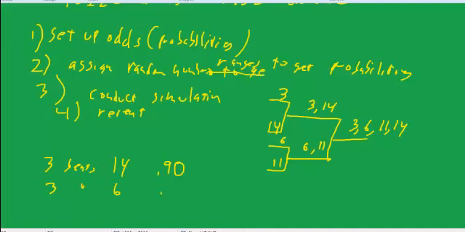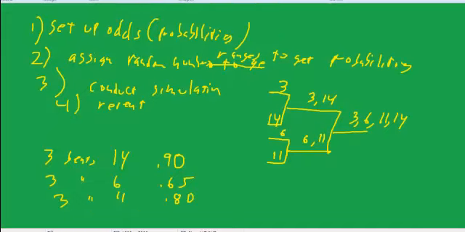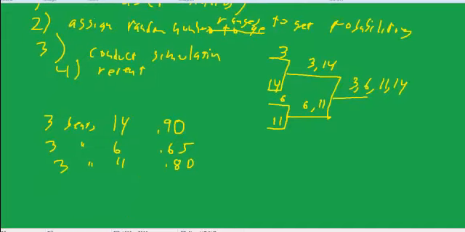So a 6, I'm going to say a 65% chance. An 11, I'm going to say an 80% chance. I'm making this up. Okay, then we have the 6 versus the 11. So the probability that a 6 beats an 11, I'm going to put at 70%.